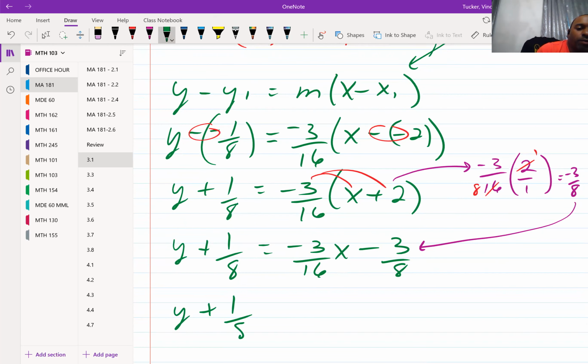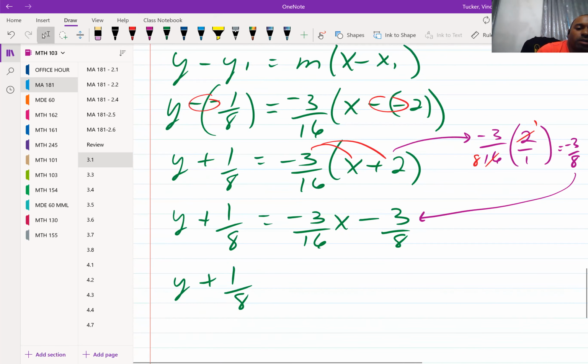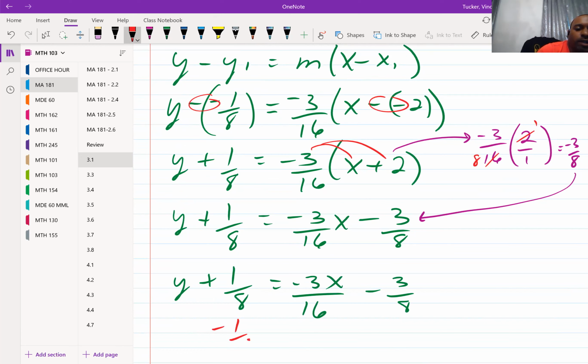All right, then we can finish it off by subtracting 1/8 from both sides.